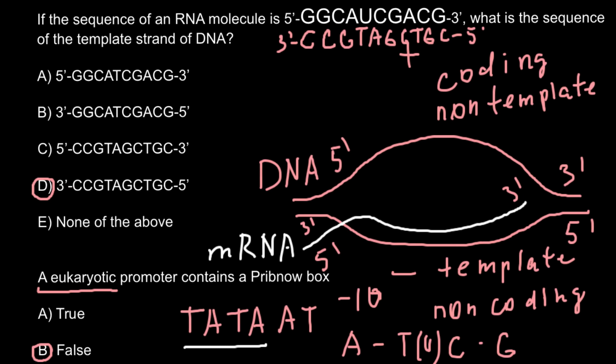So we call this sequence in the eukaryotic organism the TATA box, and we call this sequence, that is TATAAT, the Pribnow box or -10 region in prokaryotes.